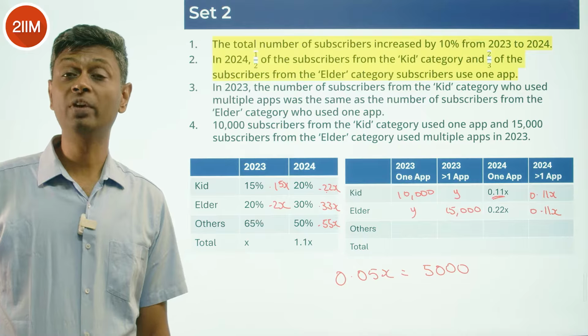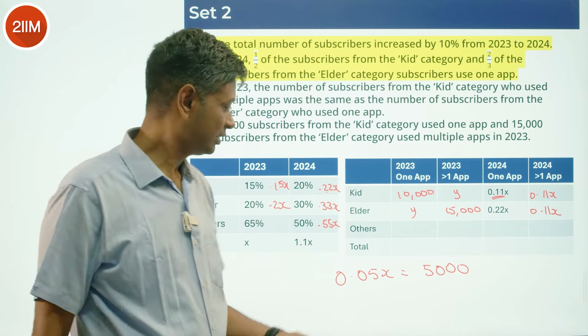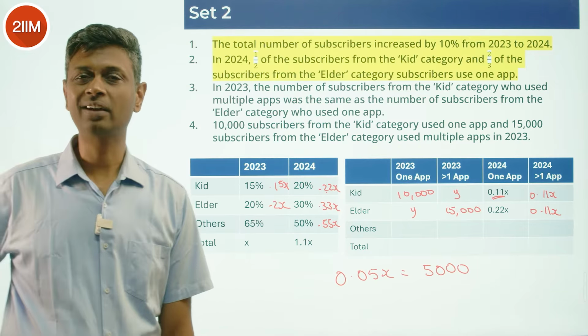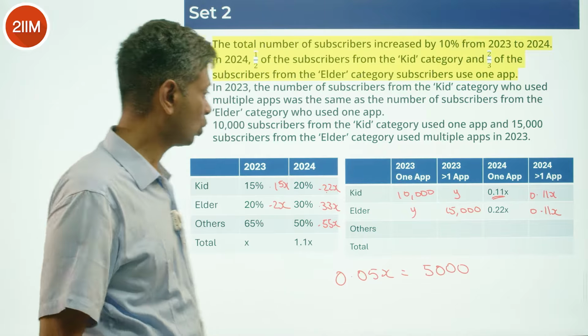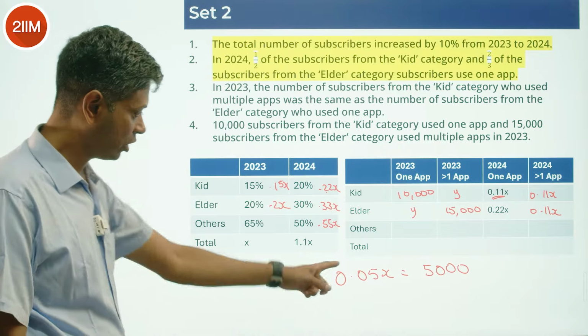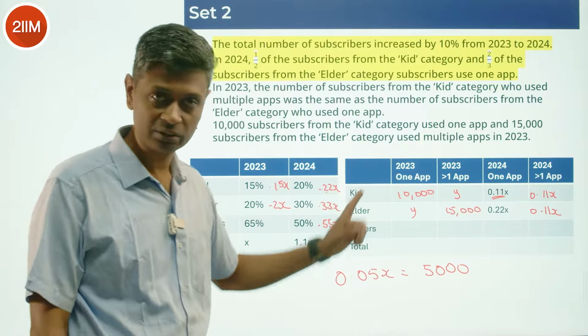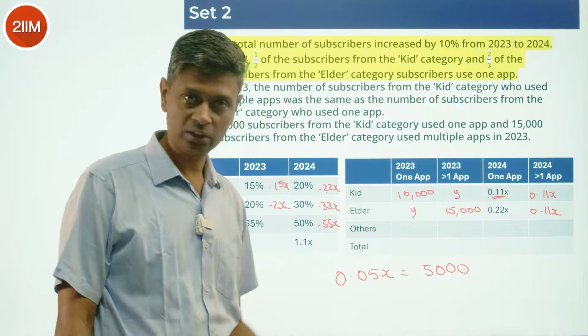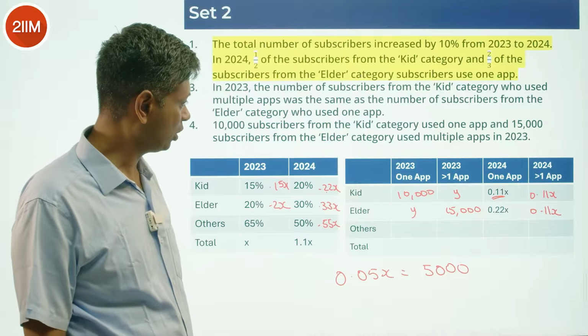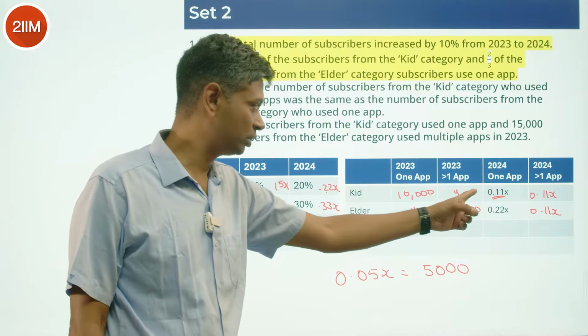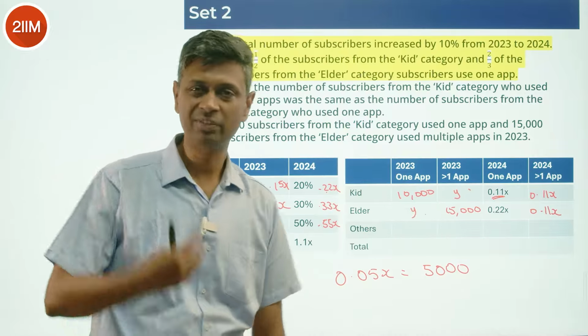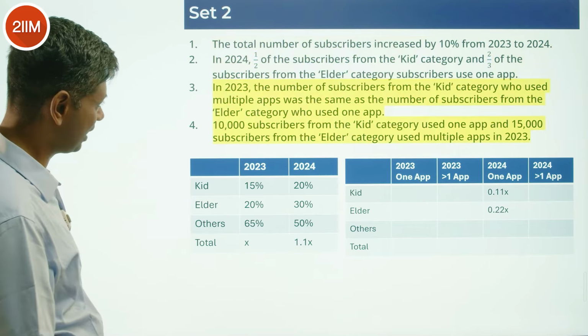So 0.05x is the additional, that is 5,000, or x is 100,000. Okay, done. The total number is 100,000. Overall is 100,000, so 0.15x is 15,000. This should be 5,000. This should be 5,000. Okay, done. We can fill everything else after that.